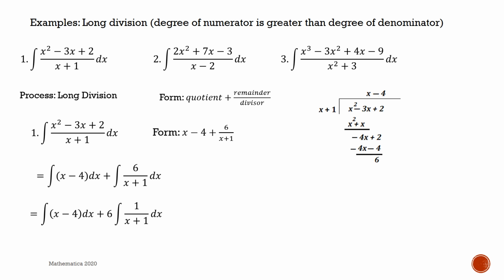Okay, now if I look carefully at the second part, which is the remainder over the divisor, I can see that if I take the derivative of x plus 1, I get 1. So it fits the form of u prime. So all I need to do now is simply find the antiderivative of x minus 4 and find the antiderivative of 1 over x plus 1. And what I end up with is x squared over 2 minus 4x plus 6 times the ln of the absolute value of x plus 1 plus my constant.